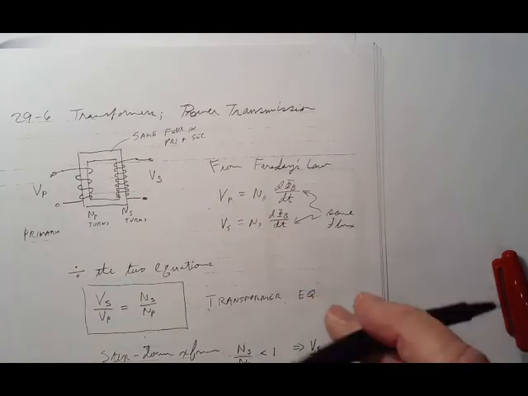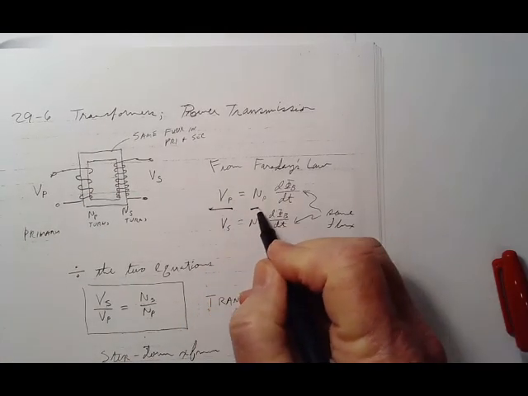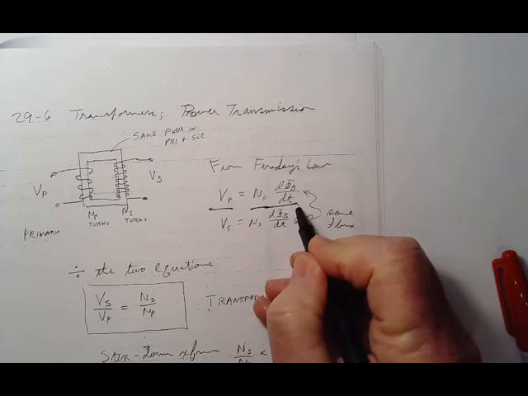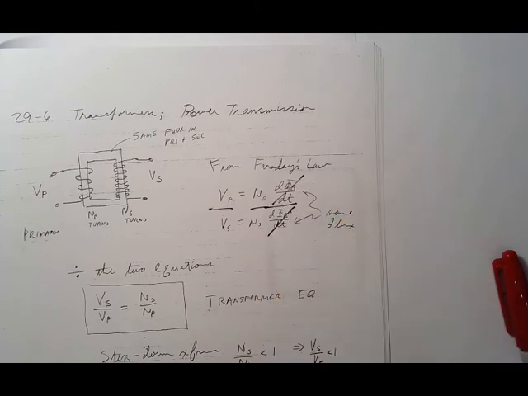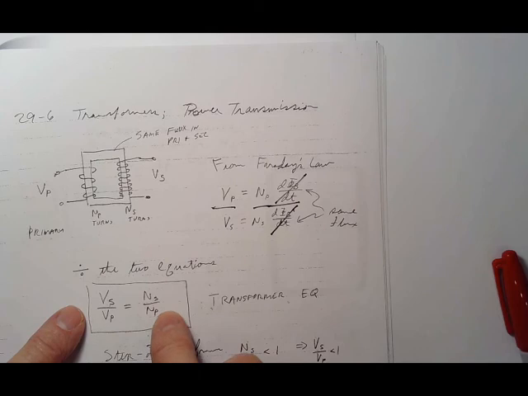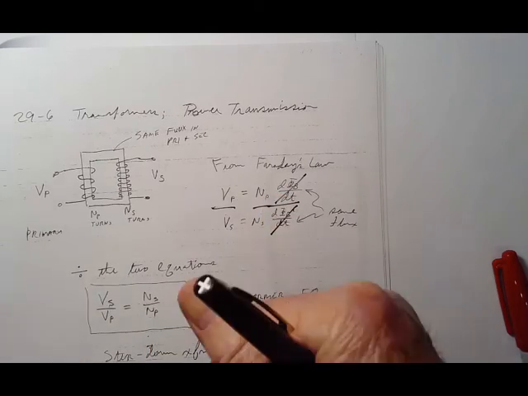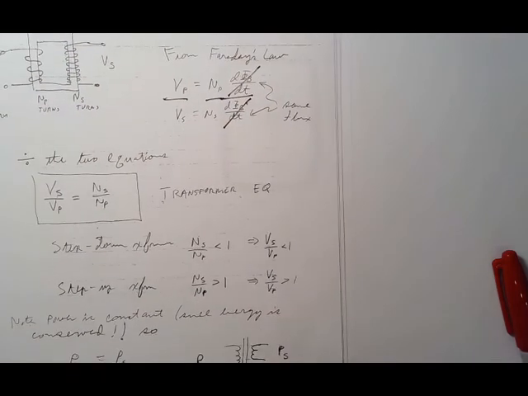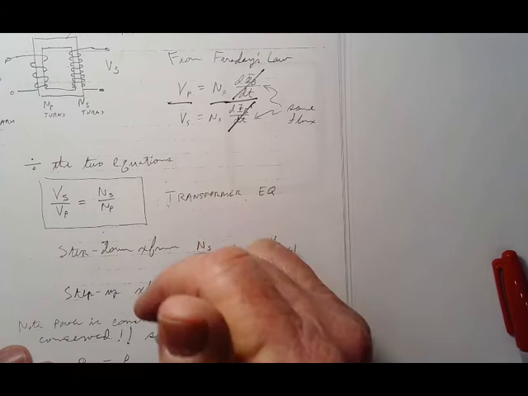So I take the ratio of this divided by that. If these are the same, those two things cancel, and I've written this upside down here, I see. This says V secondary over V primary is N secondary over N primary. I wrote it upside down here, I just realized that. So that's the transformer equation.